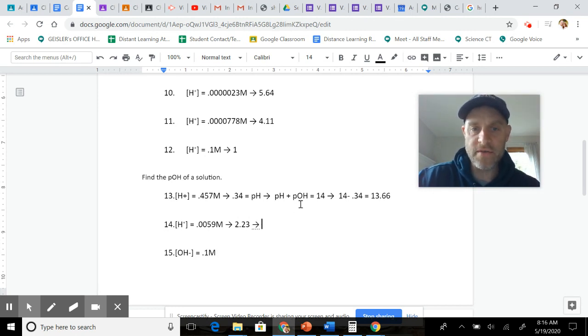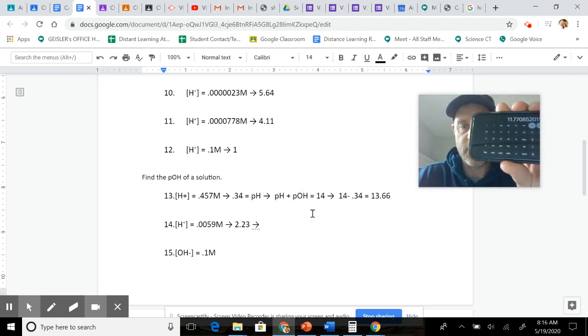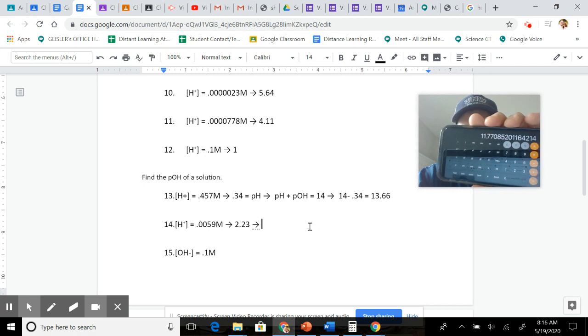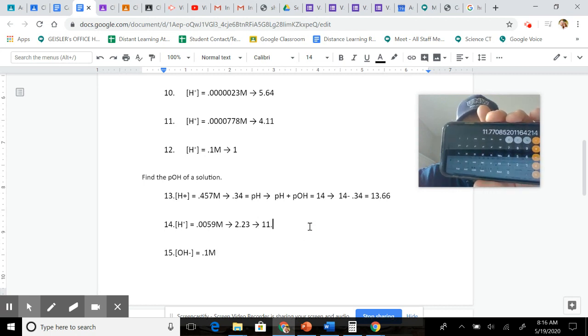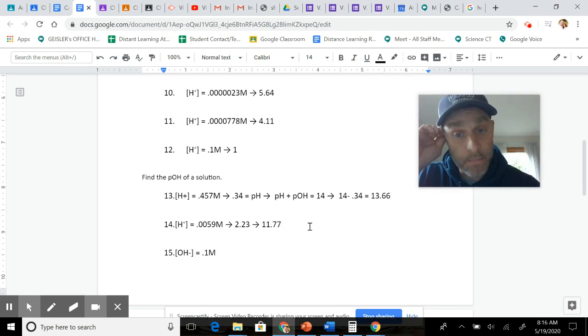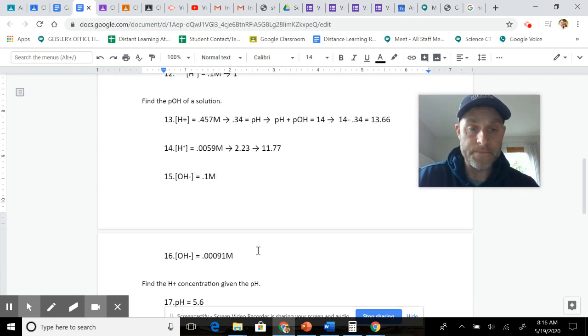Right, so now I have to use this equation again. pH plus pOH equals 14. So basically 14 minus 2.23, here's what I get: 11.77. That's the pOH.